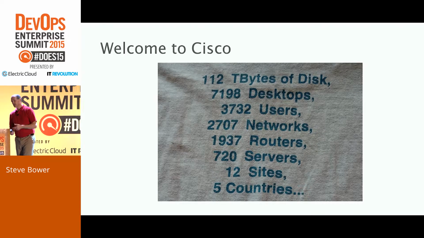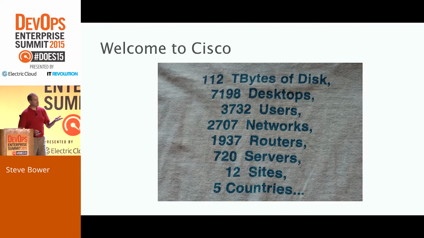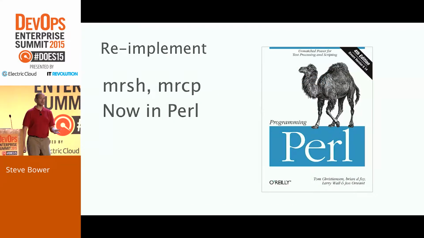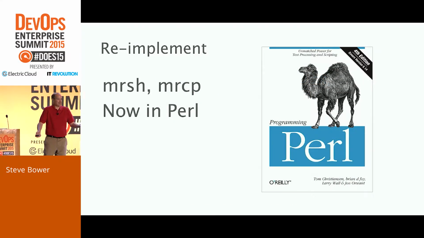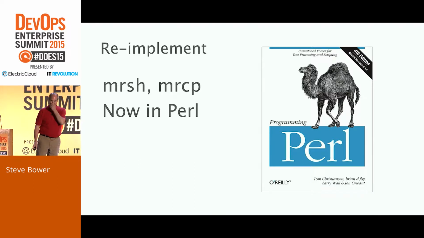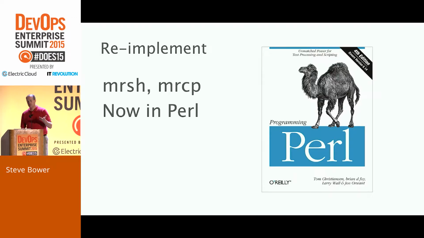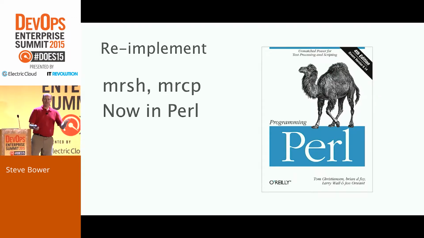and let people from many different groups start working on them. So one of the things, given the size of the environment we have, I needed to bring over this MRSH capability. So the original version was written in C, because that's kind of what you did in 1980 something. And so I rewrote it in Perl, and it's great.